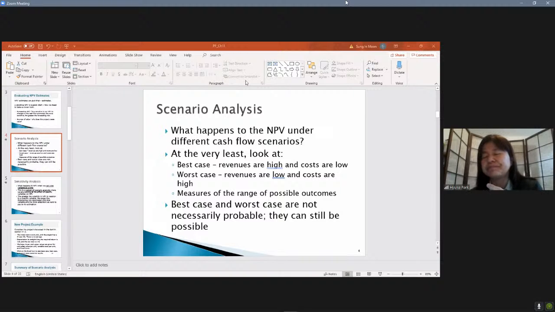For example, understanding the incremental cash flow concept is critical. Also, there are other important issues like how to deal with the sunk cost, opportunity cost, positive side effect, negative side effect, and depreciation, working capital, salvage value.